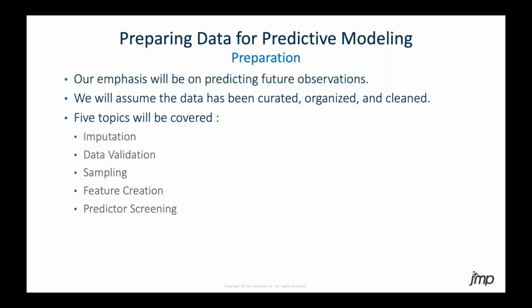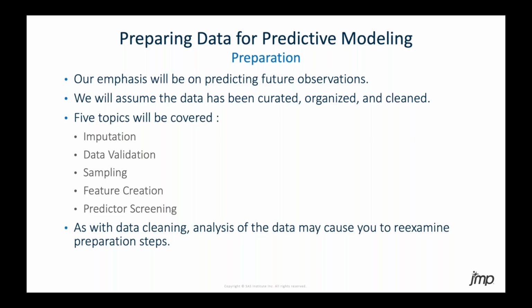Now, one of the things to keep in mind is that this is not necessarily linear, both the 4 preparation steps that we talked about previously, and the topics that I'm going to cover. They really aren't linear, because as it turns out, and if you've ever done any amount of data cleaning, you'll find that once you get into the data, once you do your analysis, you're going to find that there are observations that are incorrect that you've missed.